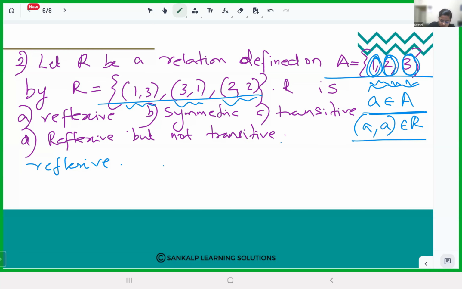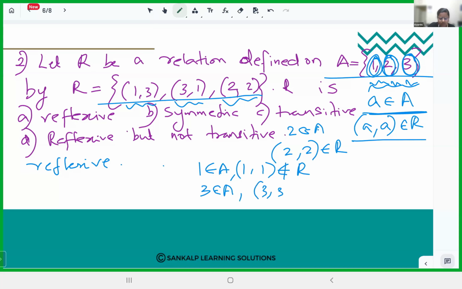Here (2, 2) belongs to R. But (1, 1) doesn't belong to R, and similarly (3, 3) doesn't belong to R. So the relation is not reflexive.